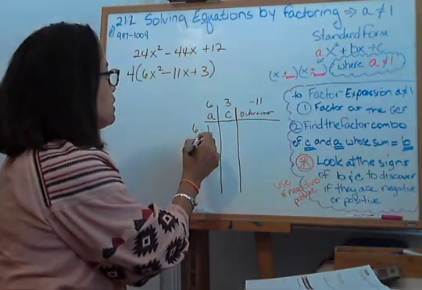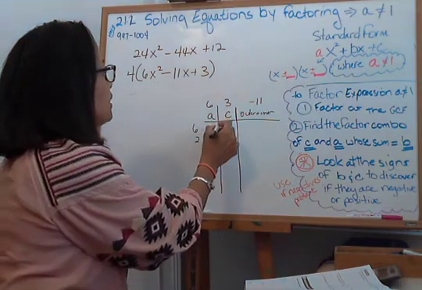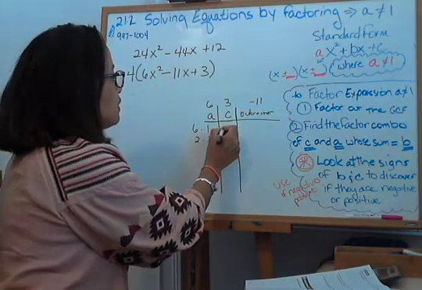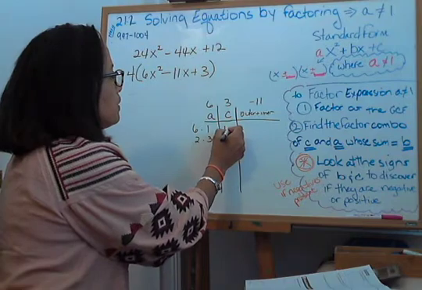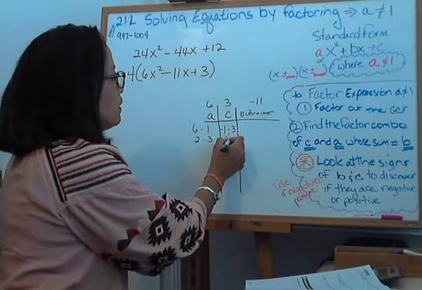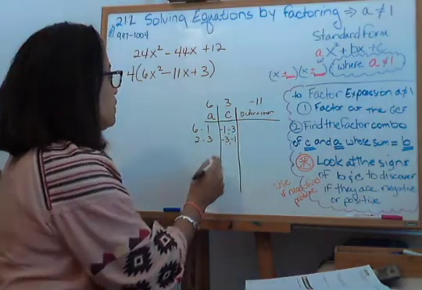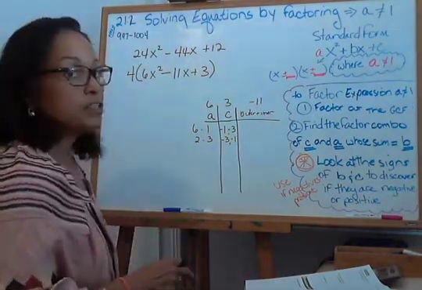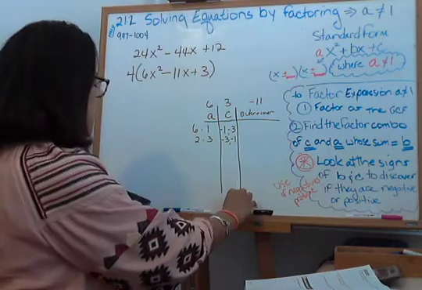With C, I know they're negative, so it's negative 1 and negative 3, or negative 3, negative 1.